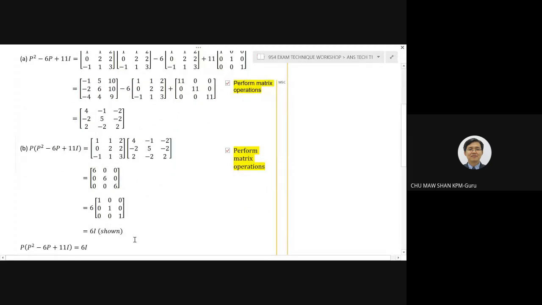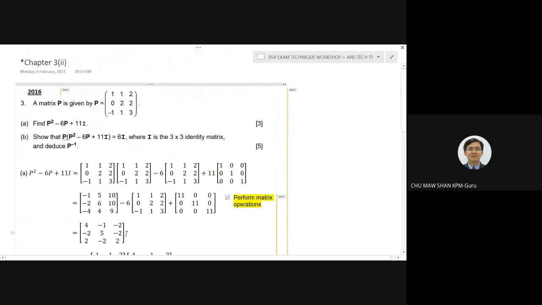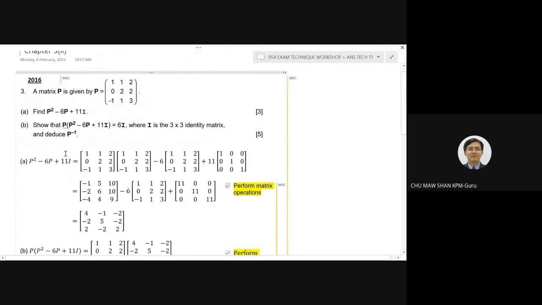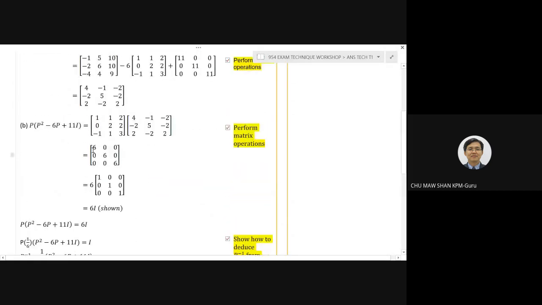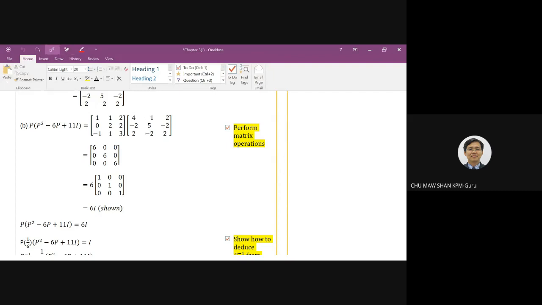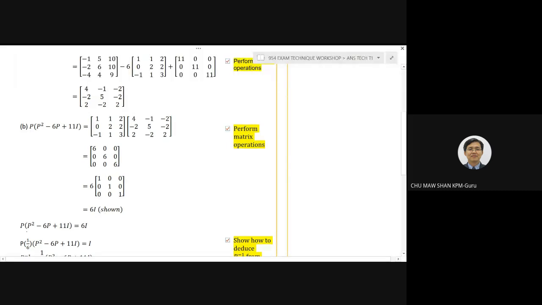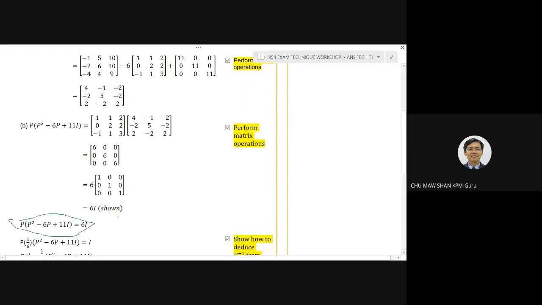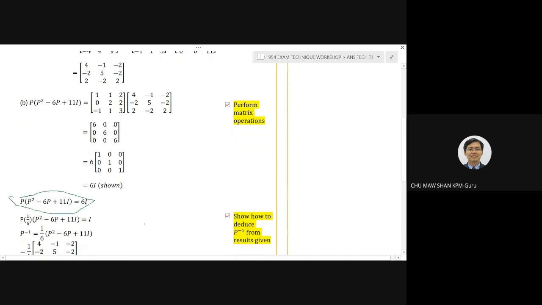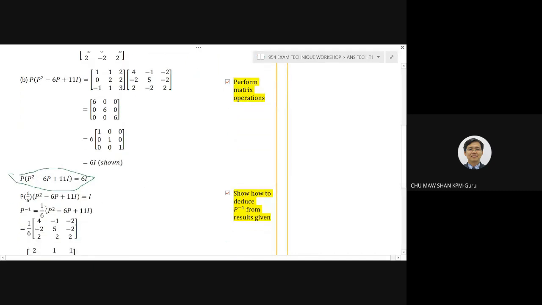Okay. Now dia punya isu sekarang ialah deduce. Deduce maksudnya you have to make use of this one. What you get is this one. You have to make use of it. So you divide by 6.